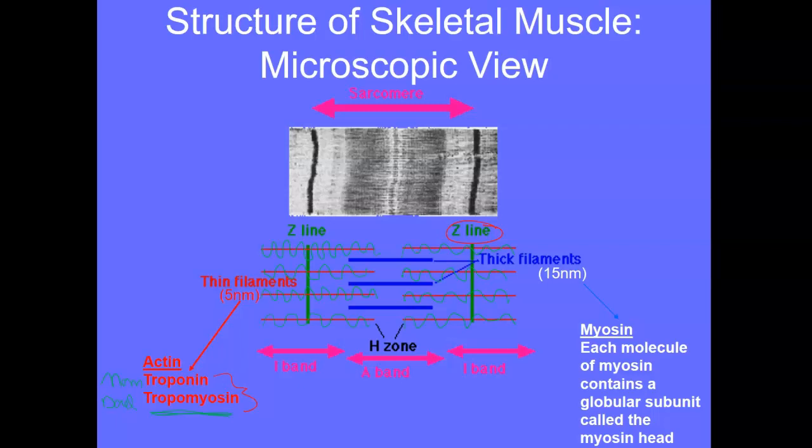When troponin and tropomyosin are distracted, actin and myosin can get together and form what we call a cross bridge. That is what we're going to talk about in a little bit when we get to the physiology of muscle contraction. But in the meantime, in the relaxed muscle, troponin and tropomyosin are keeping things separated from one another.